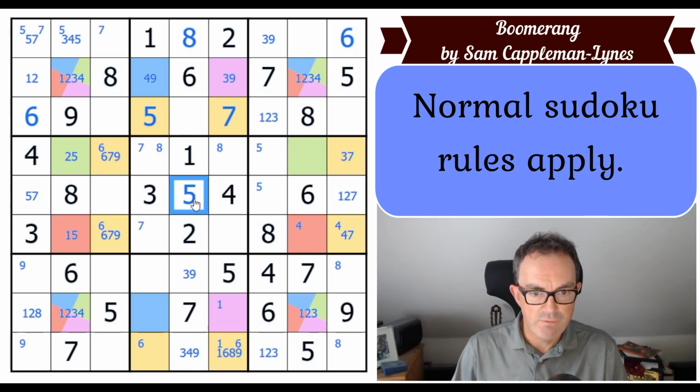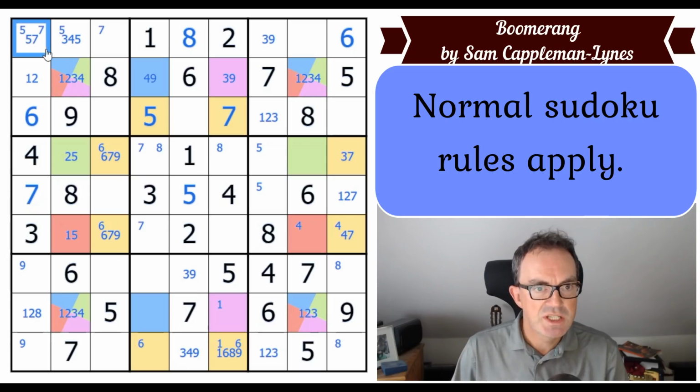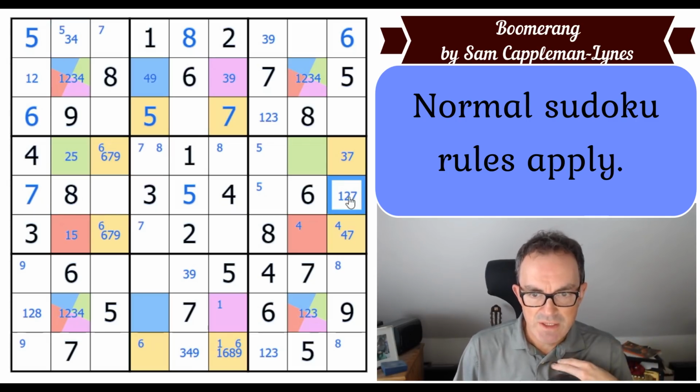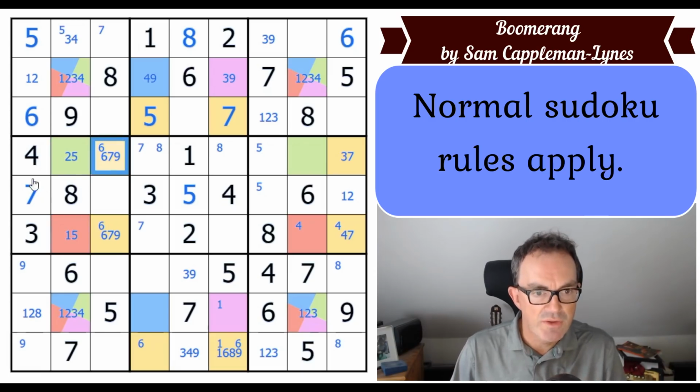Right, and that 5 looks interesting because that's giving us a 7 on the left of the grid, which is giving us a 5 at the top of the grid. Come on, keep going. That's not a 7 anymore. This 5 is giving us, no, it's not giving us a 5 in one of those. This 7 is giving us a 6, 9 pair now.